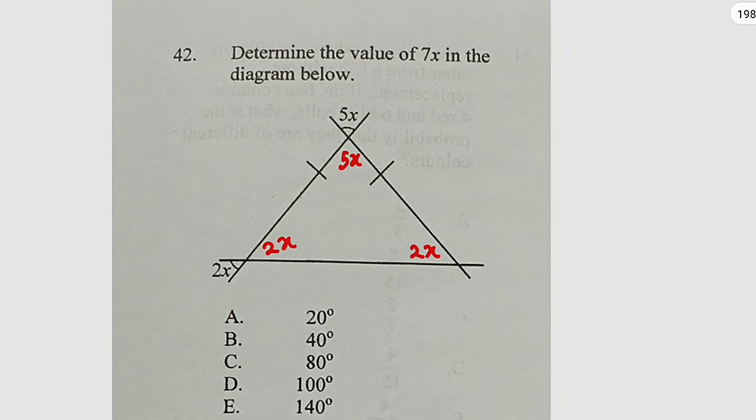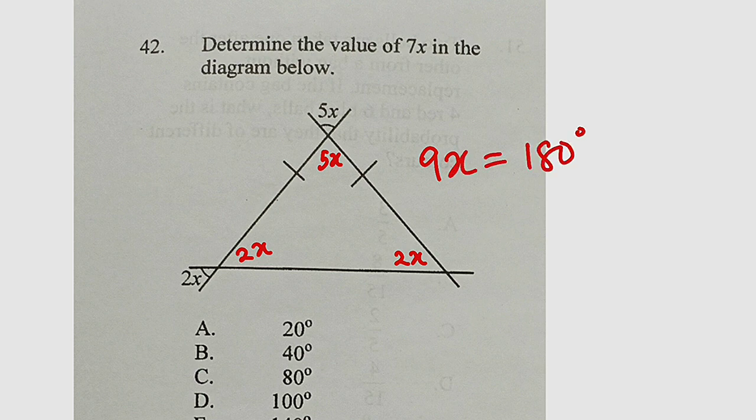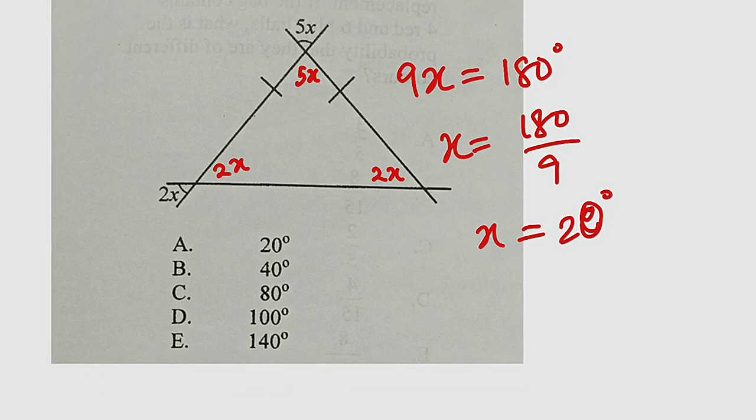So what do we say? 5 plus 2 is 7, 7 plus 2 is 9. So we have 9 x's equals what? 180 degrees. Divide both sides by 9, x is equal to 180 divided by 9, and x is equal to what? 20 degrees. So x represents 20 degrees, but we are looking for 7x.